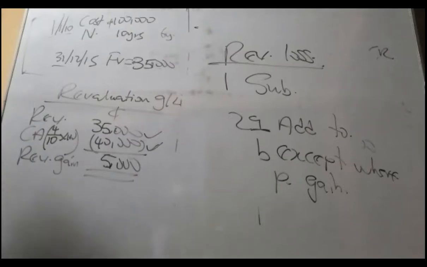Now let me dust the board and let's see the relevant extracts that we have to prepare. So first, what goes to the P&L? Our P&L will look like this.